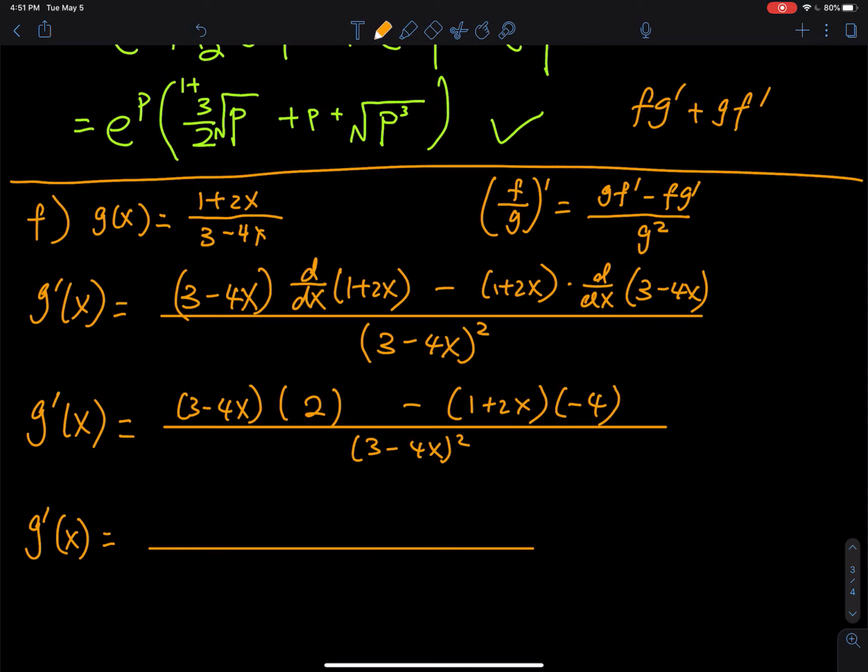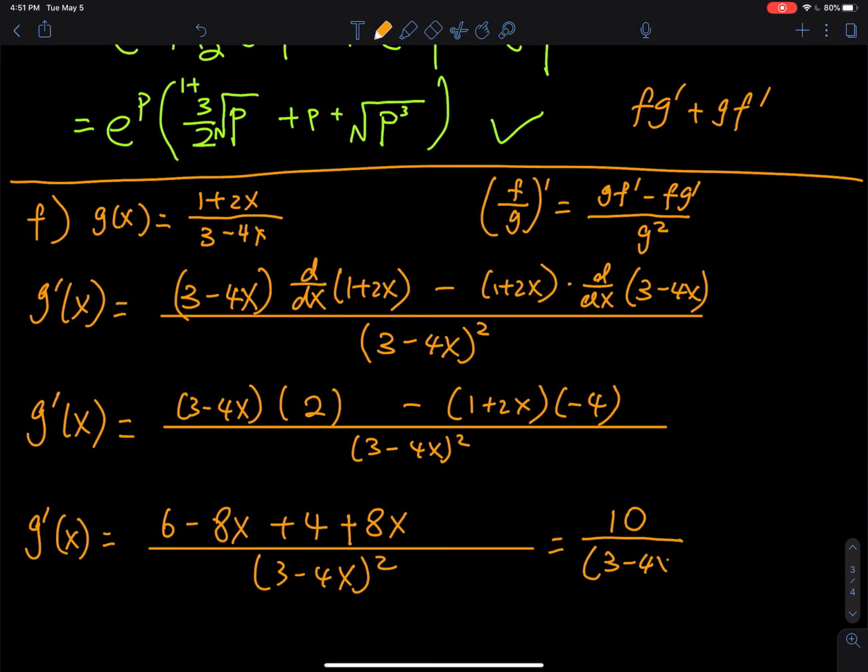So that will be a 6 minus 8x, and then minus minus, that will be a plus 8x, divided by 3 minus 4x squared. So we have 6 plus 4 is 10. This will be minus minus, then that will be a plus. So this is only a 10 divided by 3 minus 4x squared. So that is the final answer.